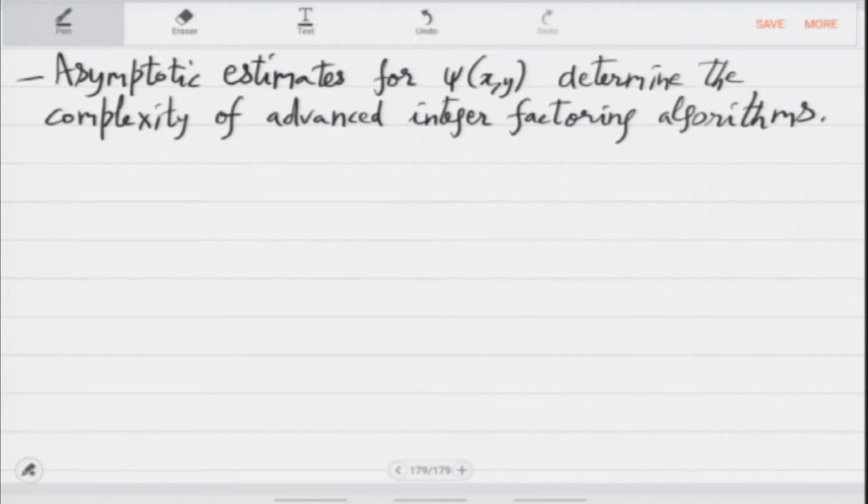Let us first see a proof sketch of a good estimate of psi.